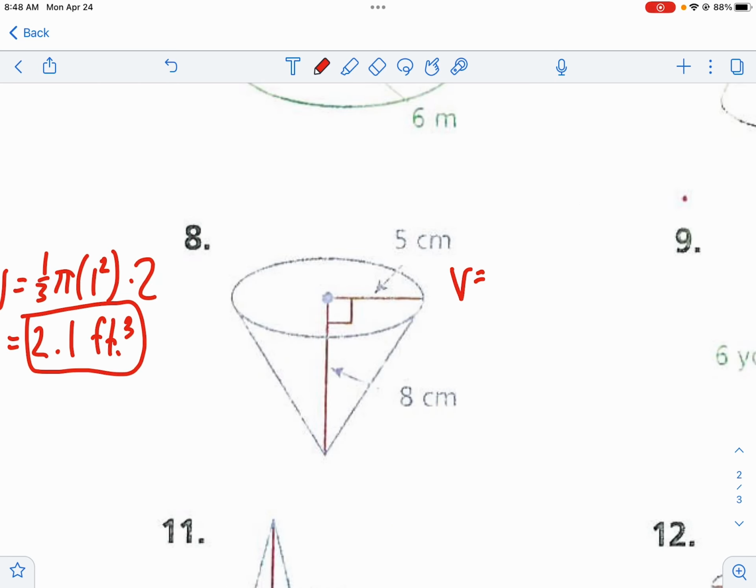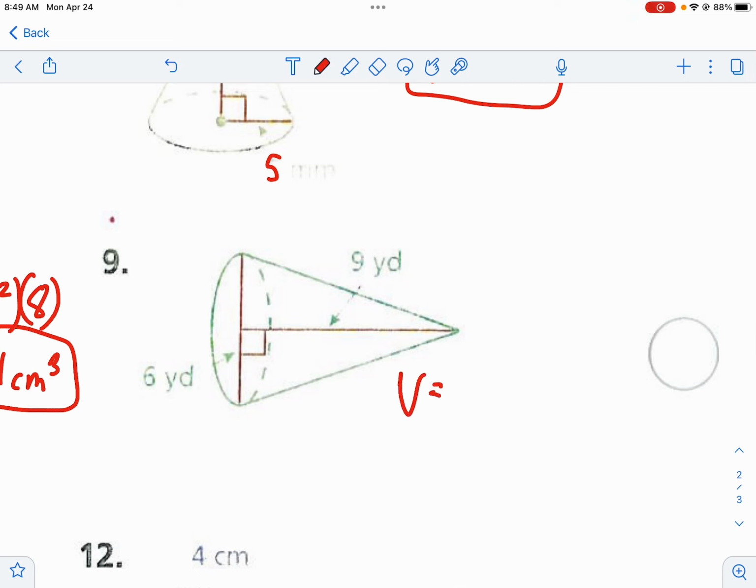Right, number 8. Again, given the radius and the height, 1/3 pi, radius is 5 squared times the height. It's 25 times 8 times pi. Then I divide that by 3, and I get 209.4 centimeters cubed.